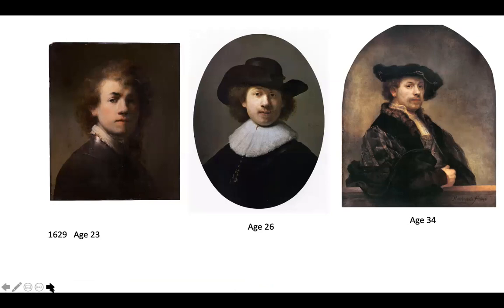ones here, and I think it's just neat to look at these and see how he aged over the years, and like this Rembrandt shadow is what this thing came to be known as.